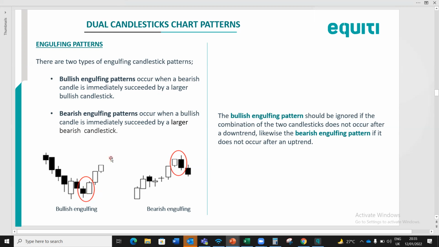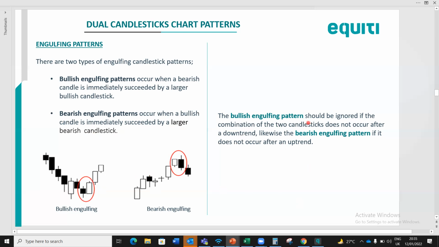It could possibly signal a rise in the market. And then the bearish engulfing occurs when a bullish candle is immediately succeeded by a larger bearish candlestick, just like we have here, which completely engulfs it. So this is bearish engulfing, this is bullish engulfing.